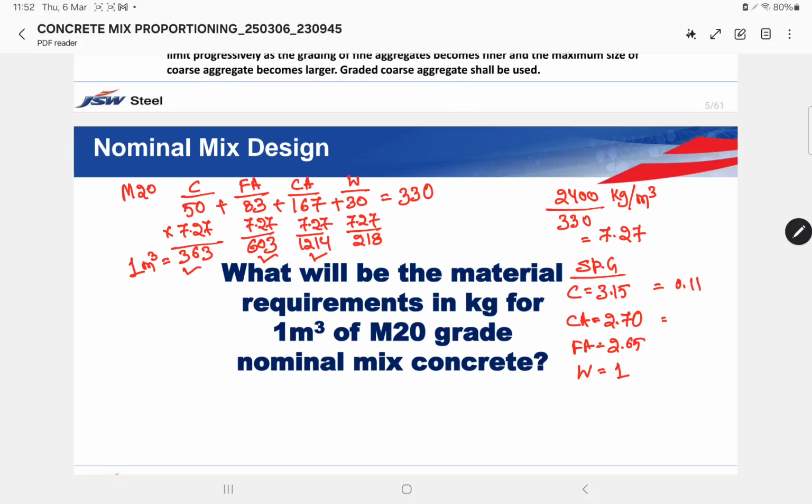Similarly, for coarse aggregate, 1214 divided by 2.7 divided by 1000, 0.449, consider 0.45. Then for fine aggregate, 603 divided by 2.65 divided by 1000, 0.22.